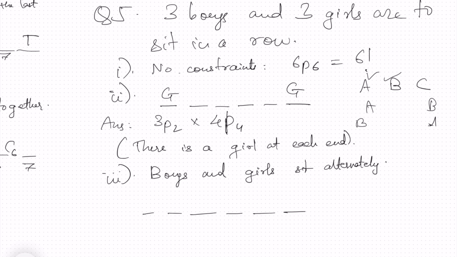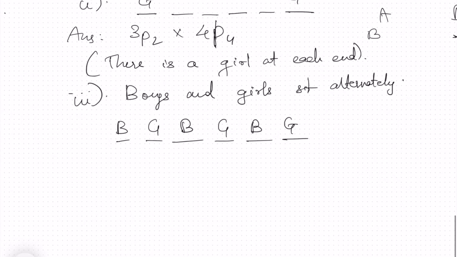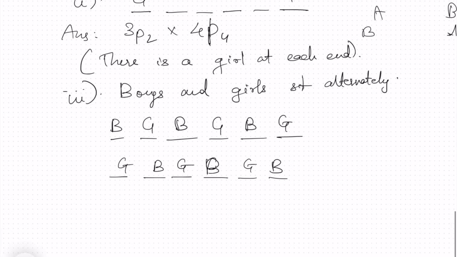Either I can do it this way, or I can do it this way. G is girl, B is boy. So boy, girl, boy, girl, boy, girl, or girl, boy, girl, boy, girl, boy. There are these 2 different cases and we'll have to add them up.